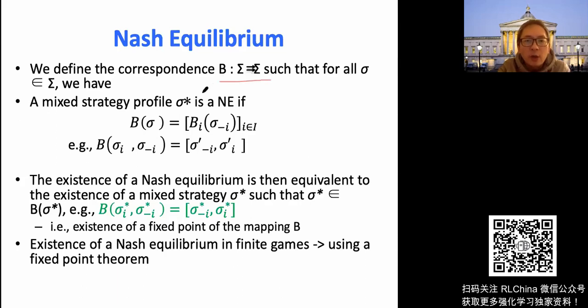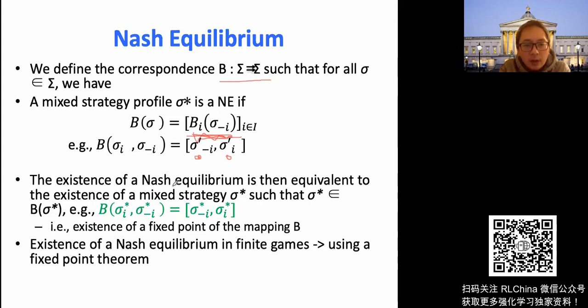So the joint best response correspondence is defined as a vector, and this vector is composed of each of the best responses, defined as before.